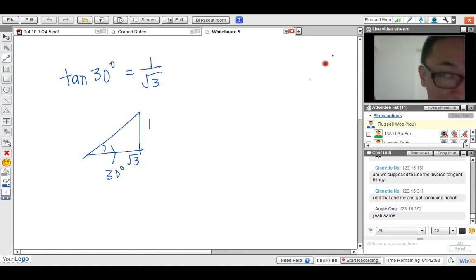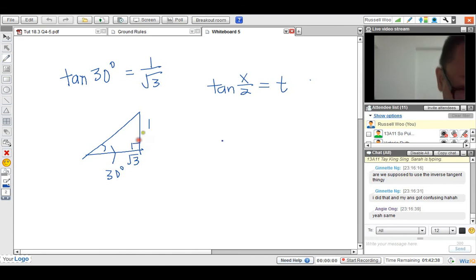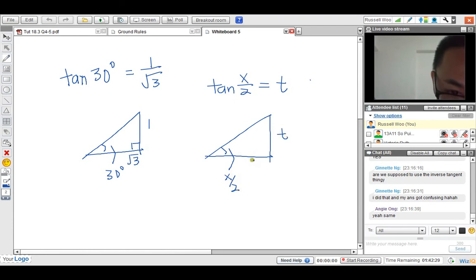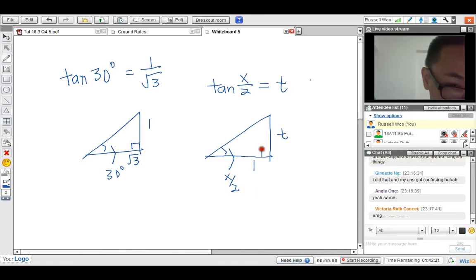So when we say tangent x over 2 is t, similarly we can draw a right angle triangle and say, oh look, this is x over 2, this is t, this is 1. So now it becomes a bit clearer, right? But our objective now is to ask ourselves, what then is sine x?